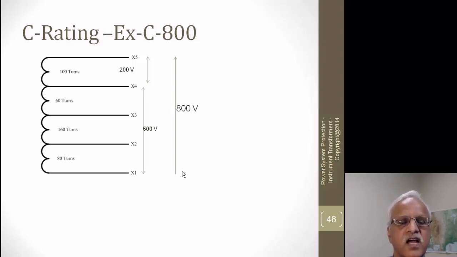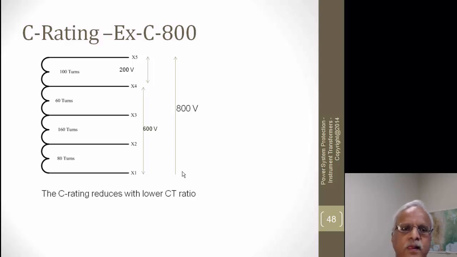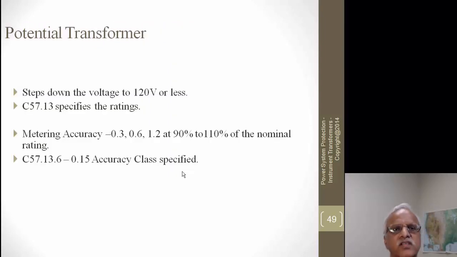Similarly, for the other side, which is 600 turns, using 300 turns instead of 400 turns gives me 300 times 5, 1500 to 5, and under such conditions I can go only up to 600 volts. So the C rating also comes down, as well as the rating factor, if you use lower ratios other than the full ratio.